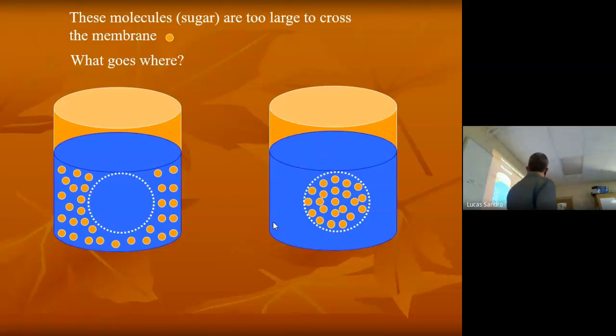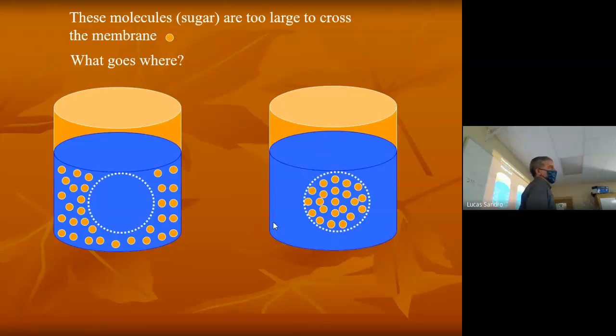Inward. The water is going to go inward. Why? Yes, because these can't go inward because they're too big to cross the membrane. So now you got to do this little mental flip and think about water concentration. Start with this. Where is the water most highly concentrated in that beaker?